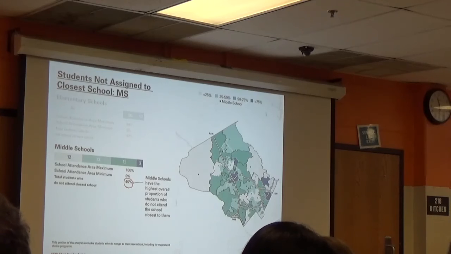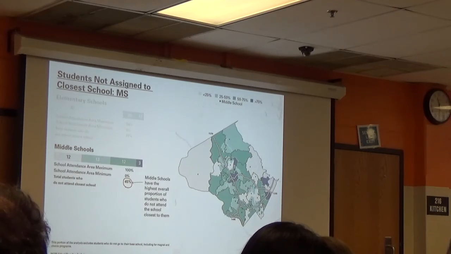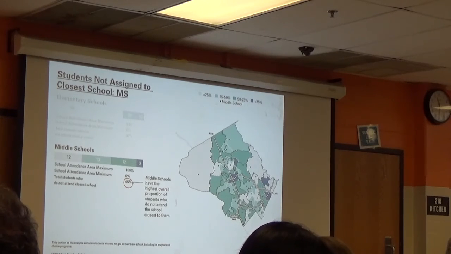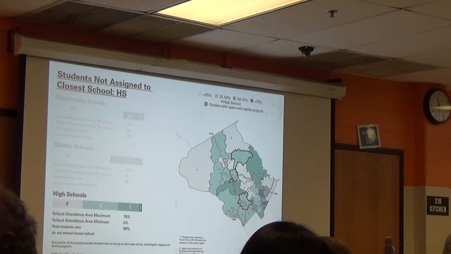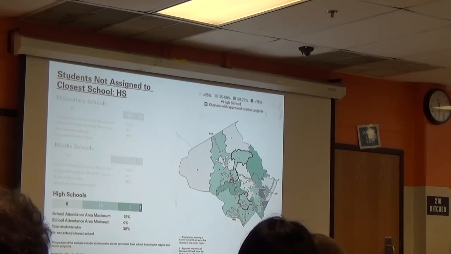Looking at middle schools, that number goes up slightly. 45% do not attend their closest schools. And once again, we want to look at some of those adjacencies where you have the blues next to the grays. And then with high schools, interestingly, it goes back down, where you have 38% of students who do not attend their closest schools.